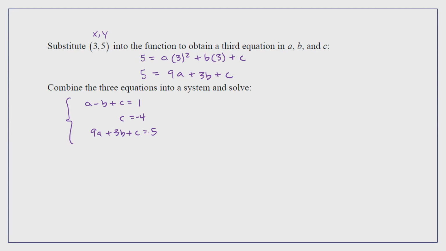Okay. And we now want to solve this system. Alrighty. So since we know that c equals -4, we can use substitution and substitute that in right away into equations 1 and 3.